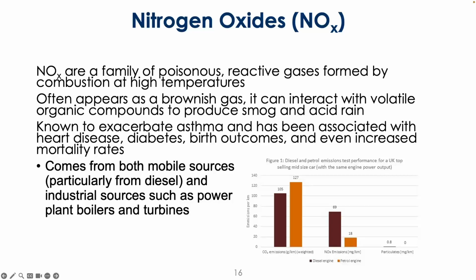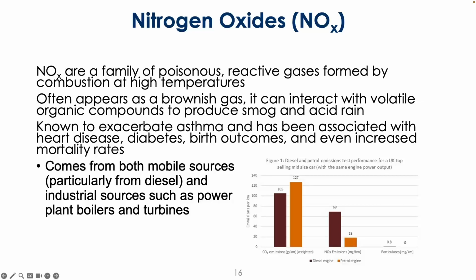This often appears as a brownish gas. This is oftentimes one of the things that we find in smog and also acid rain. It's got lots of bad health outcomes associated with it: asthma, heart disease, diabetes, poor birth outcomes, and even increased mortality rates.